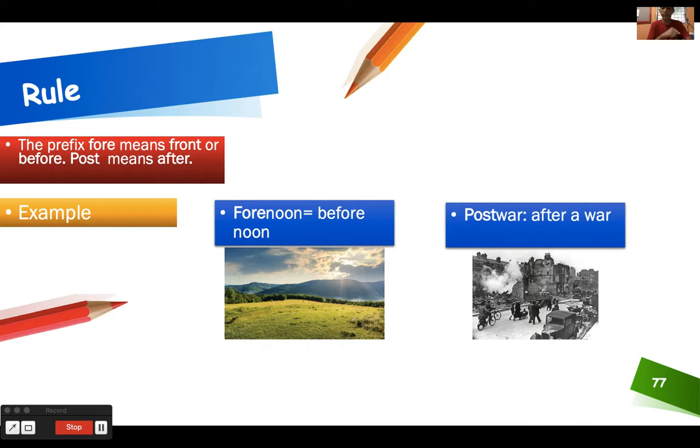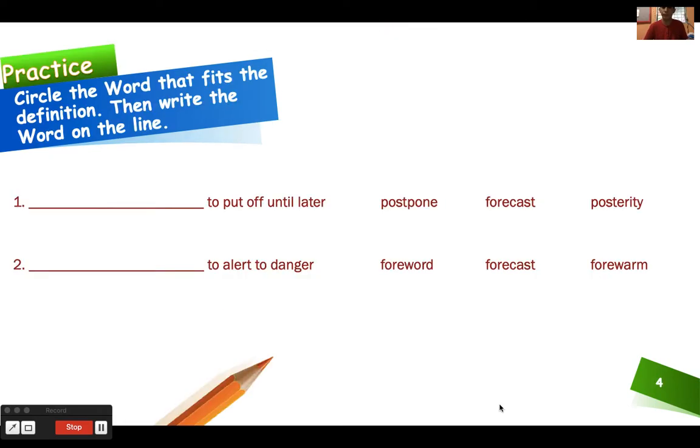There is no more fighting between the countries. So fore means before something, before an action, or in front of something. And post means after something, like postwar.